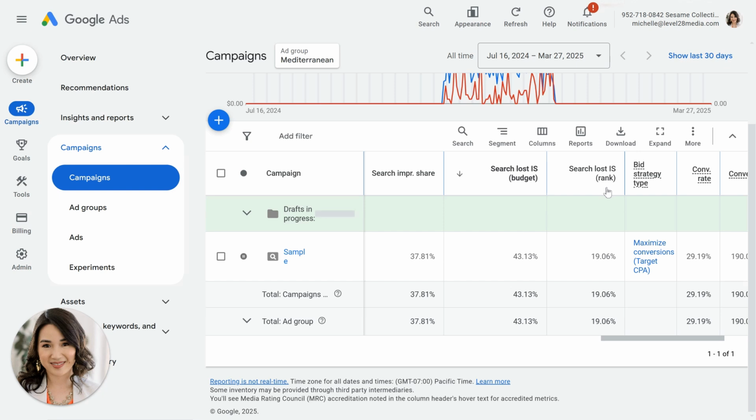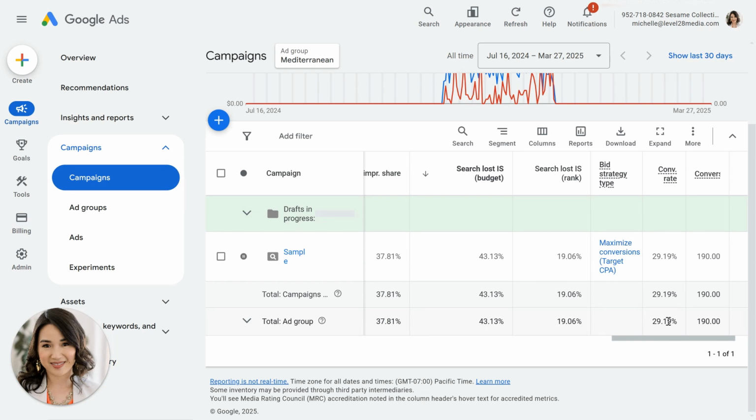Another way to look into increasing your ad rank is simply looking into the bid strategy that you have set up. Do you have any bid limits? Do you have any specific target cost per acquisition settings that are limiting you? And do you need to loosen that up in order to capture more?